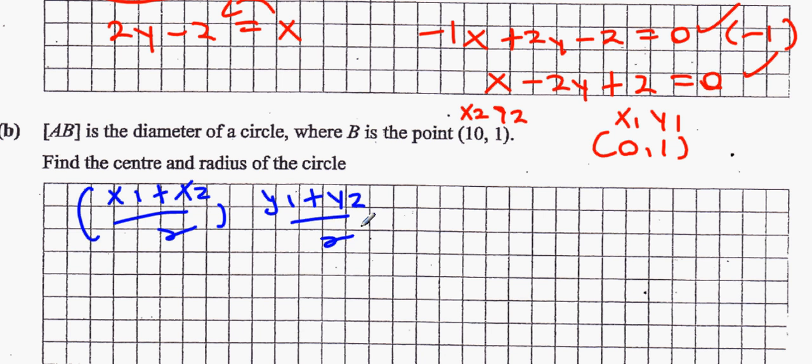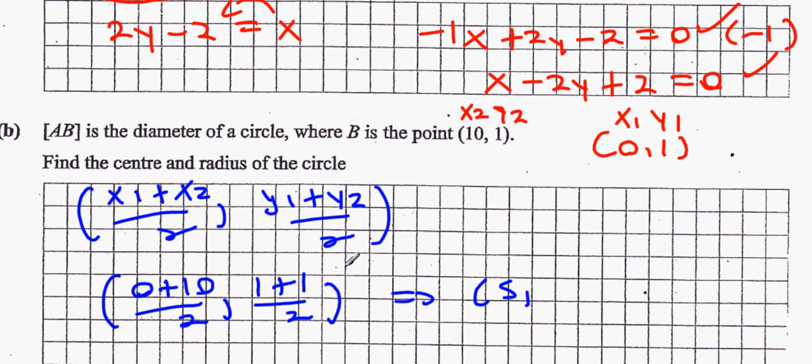So what we're going to get is 0 plus 10 divided by 2, and y1 plus y2, which is 1 plus 1 divided by 2. So the answer here should be 5. 10 divided by 2 is 5. 1 plus 1 is 2. 2 divided by 2 is 1. So the center of the circle is 5, 1.